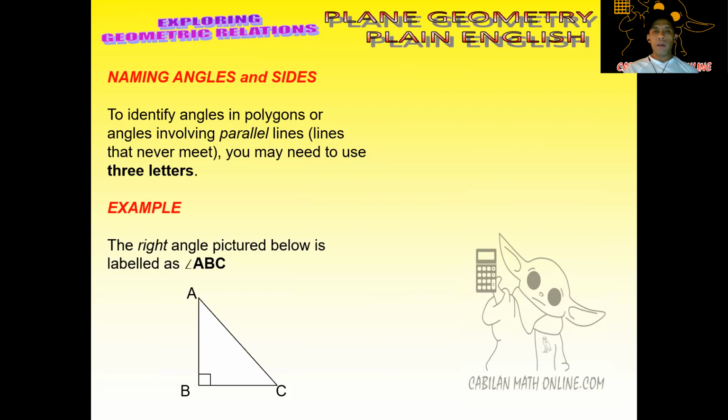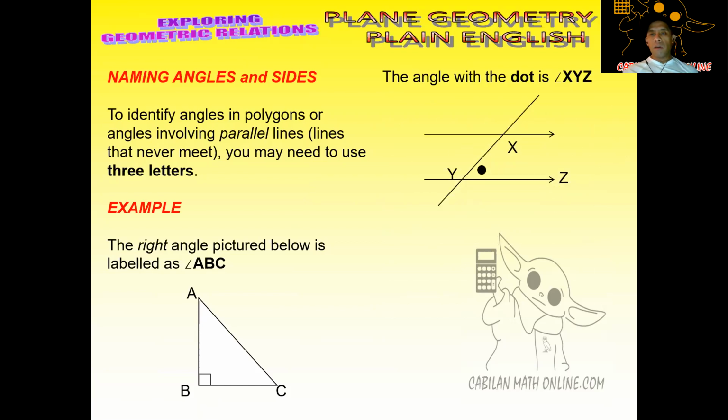When we have a dot, it says the angle with the dot is angle XYZ. Notice the dot is located at the Y, and when you look at the expression angle XYZ, the Y is in the middle. Anytime you're referencing an angle using three letters, the letter with the angle is the middle letter.